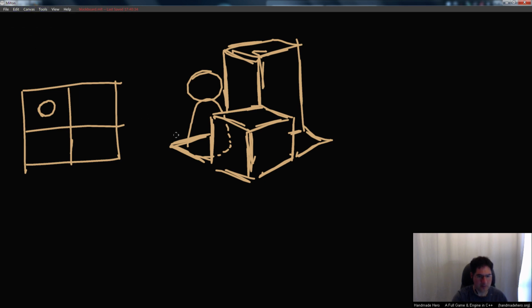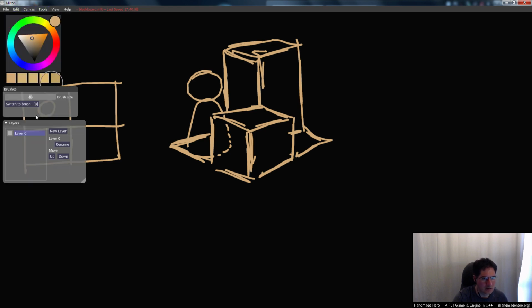Eraser is E. Brush is B. Oh my god, it's huge. How do I make tools tinier? Brush size. Let's get that a little tinier. There we go.